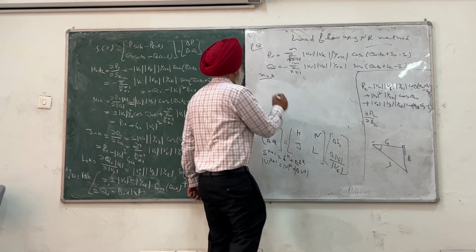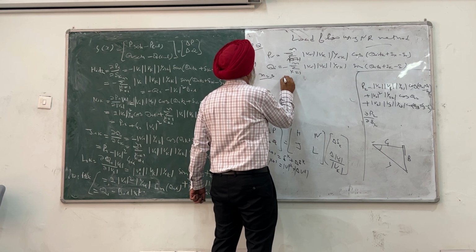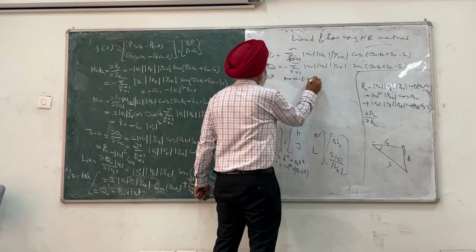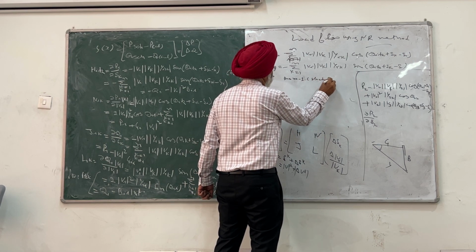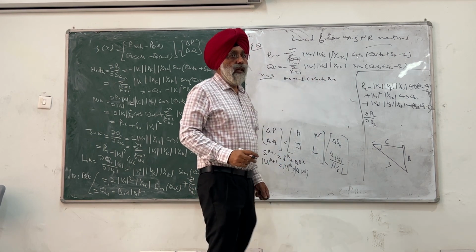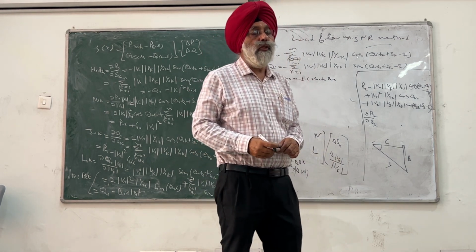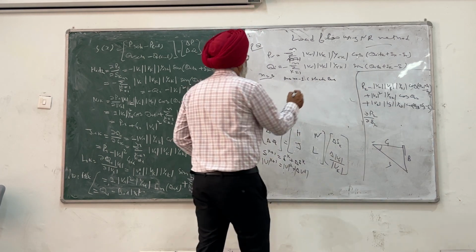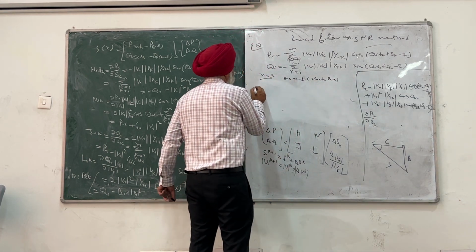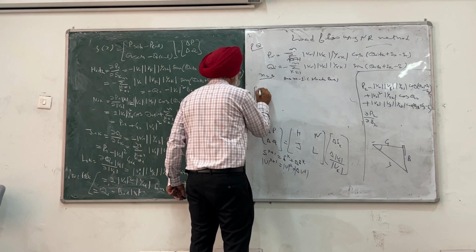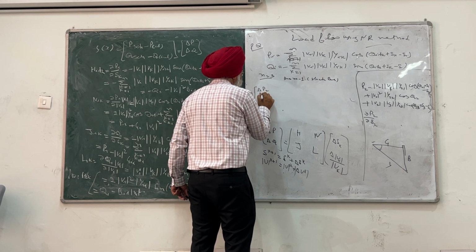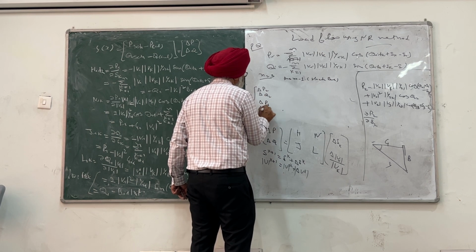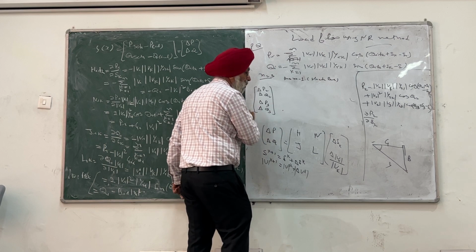And we have considered bus number 1 as the slack bus. If we have taken bus number 1 as the slack bus, we will not take the derivative with respect to delta 1 or V. Okay? So our solution will start from bus number 2. We need the delta P2, we need the delta Q2, we need the delta P3, we need delta Q3.